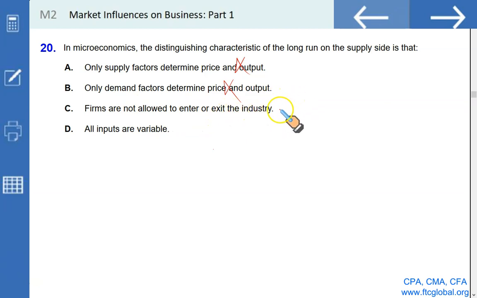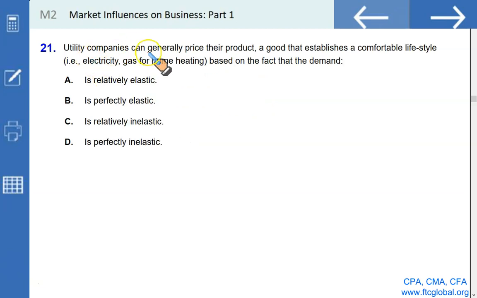That would be true in case of monopoly. This is the correct option. All inputs are variable. Remember, in microeconomic analysis, long run is a situation or a time frame where all supply side inputs are variable.